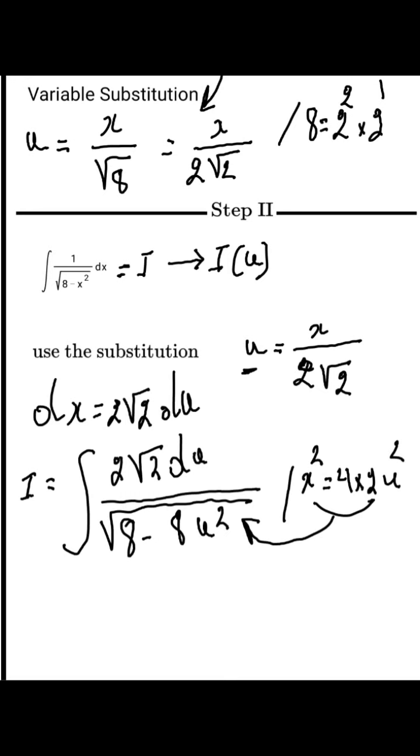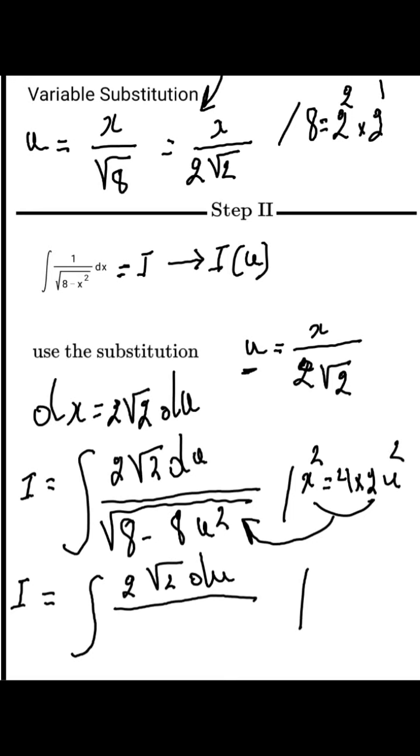Now let's simplify further that integral. That integral could be written as integral of 2 root square 2 du, and in the denominator we can take out root square 8 or otherwise 2 root square 2, as explained before.